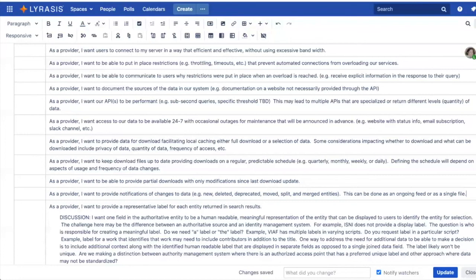We use the URI register. That means that when something changes in our data, we report the kind of change and why and when and who changed the data.